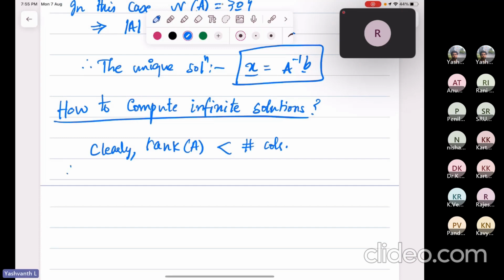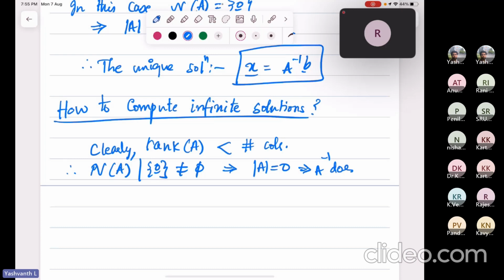Therefore, the null space of A apart from the zero vector is not equal to the empty set, which means determinant has to be 0. This is what we saw in the last property before starting with systems of linear equations, which means A inverse doesn't exist. So X equal to A inverse B cannot be the solution. You need to do something else.